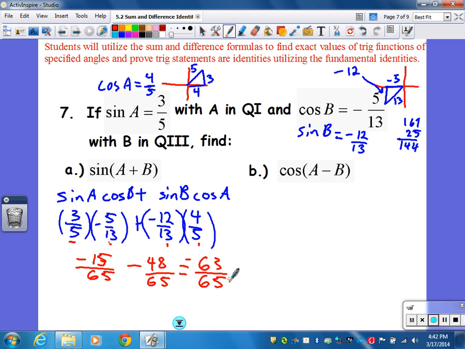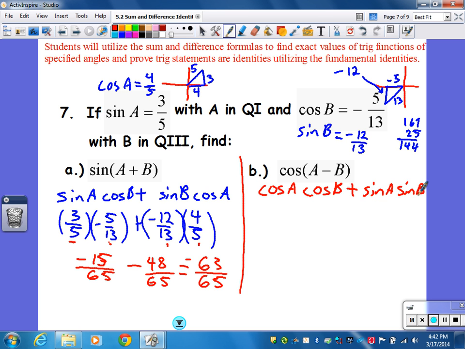Okay? Now let's go over to the next one. We have cosine A minus B. Well, we've got to go back and think, okay, cosine is cosine, sine, sine, and the opposite sign, so we're going to have a plus. Well, we can just put in our A. Do we have a sine A and cosine?